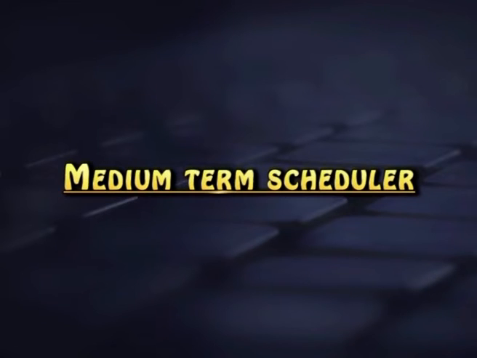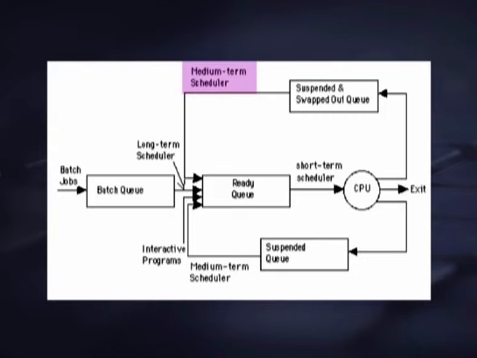Third is medium term scheduler. Sometimes when the system has a high degree of multiprogramming, causing frequent context switching among processes, it is beneficial to remove some of the partially executed processes from memory back to the hard disk.